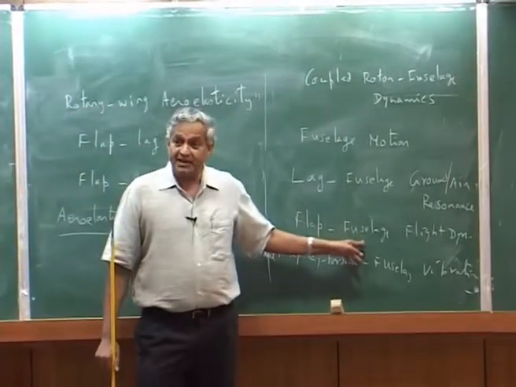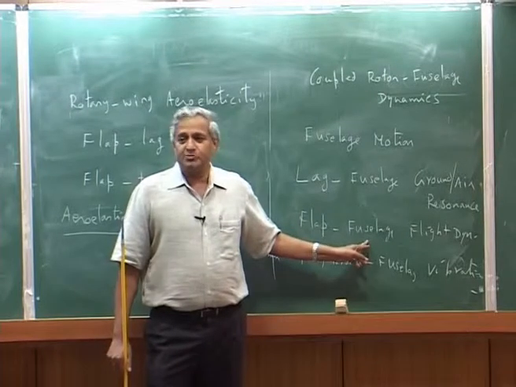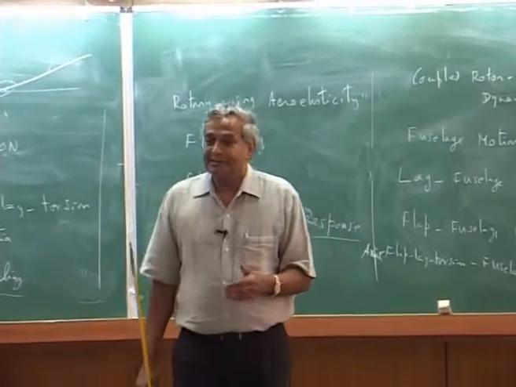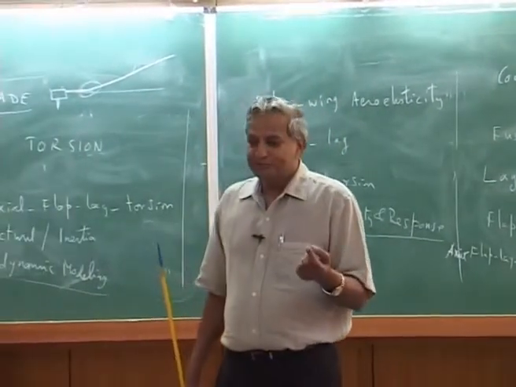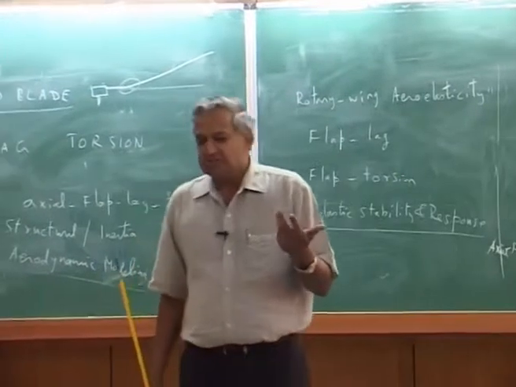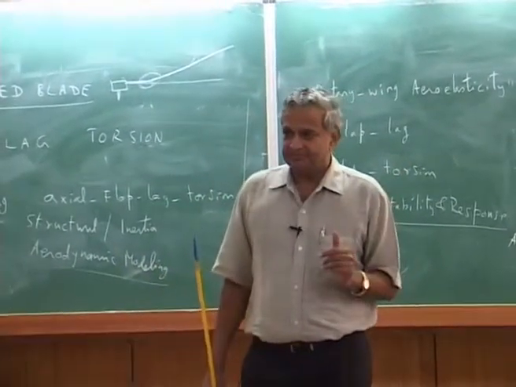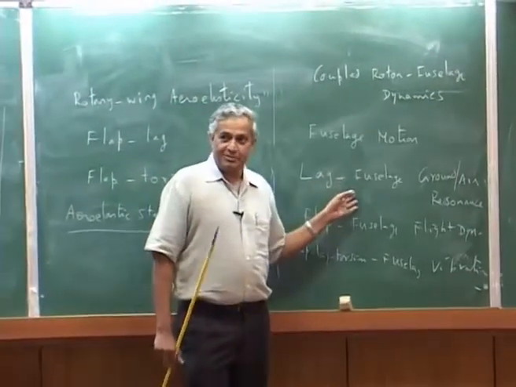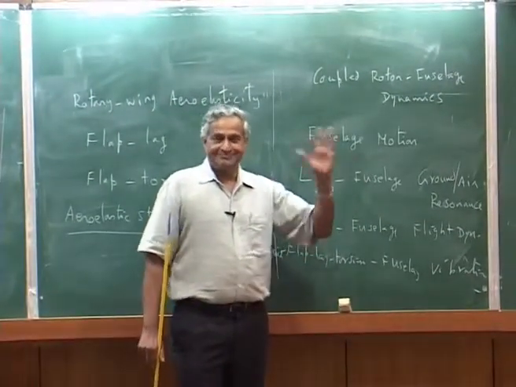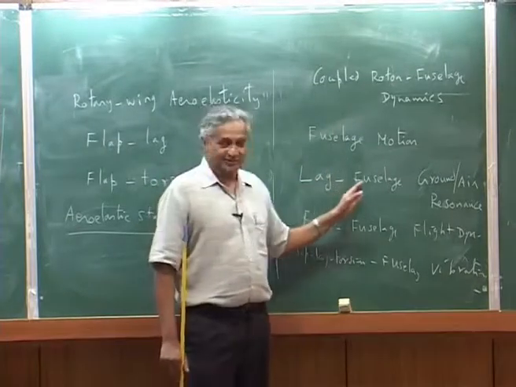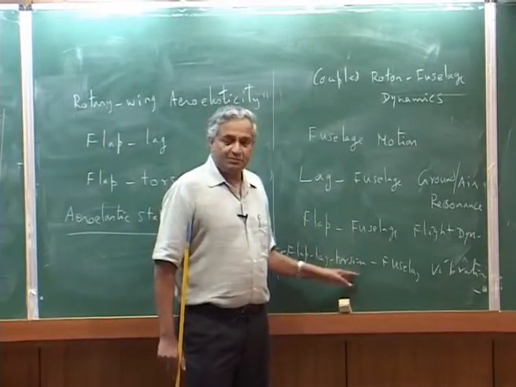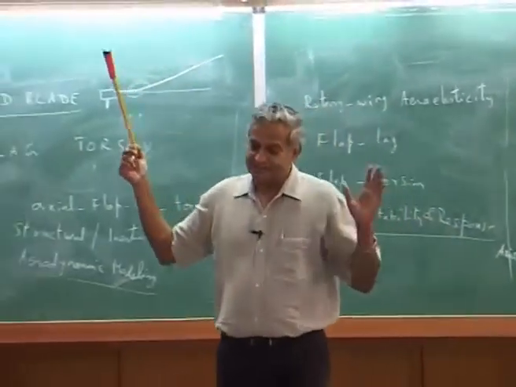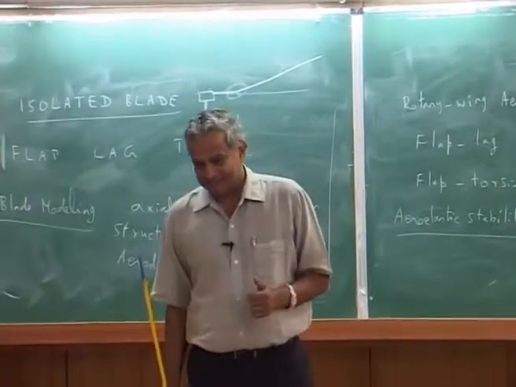Usually the rigid body dynamics, the frequency is low, less than 1, 2, or at the most 3 hertz. Whereas this will be about 3, 5 hertz. This problem you will have some 20 hertz, 40 hertz, everything. All the frequency will be there.